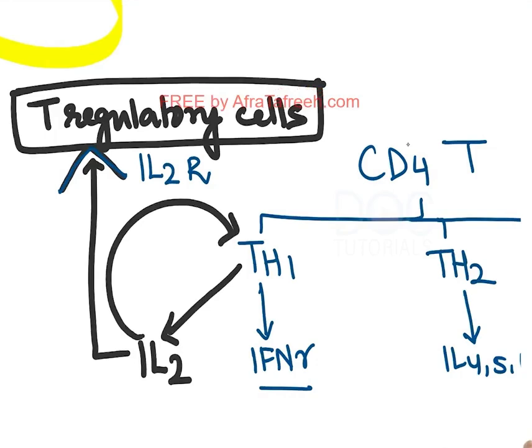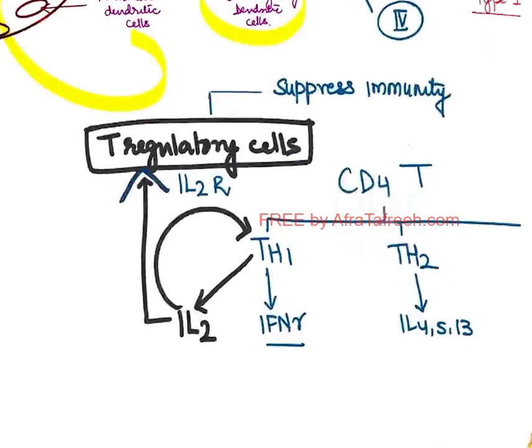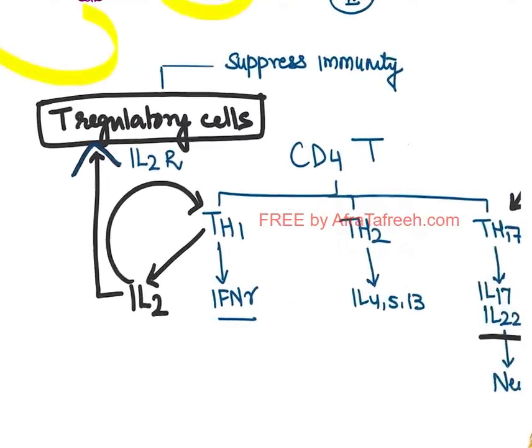Now, once the T regulatory cells are activated, what is going to happen? These T regulatory cells have the power to suppress the immunity. So imagine CD4 cells themselves suppressing the immunity.